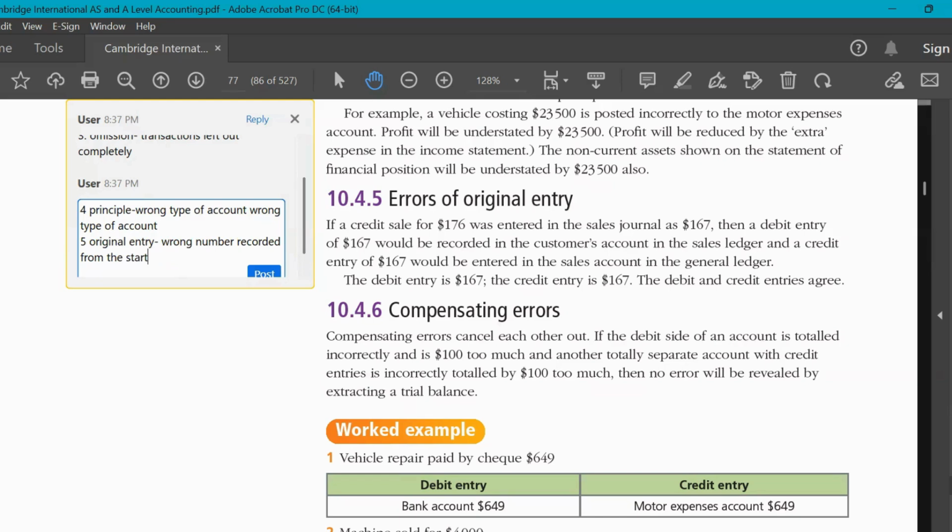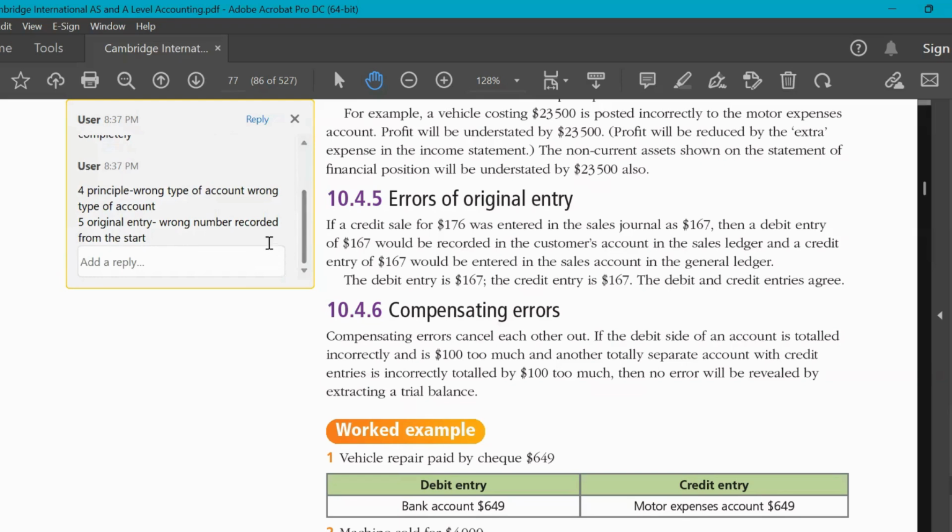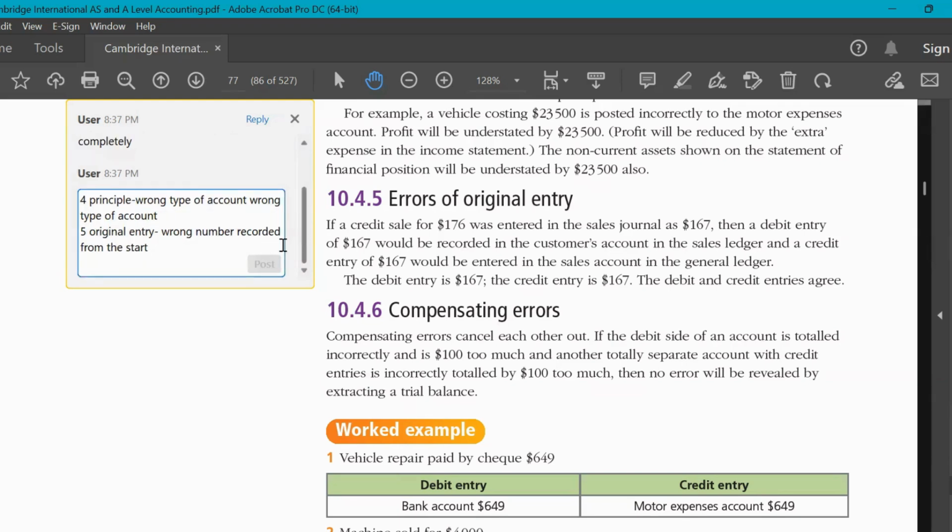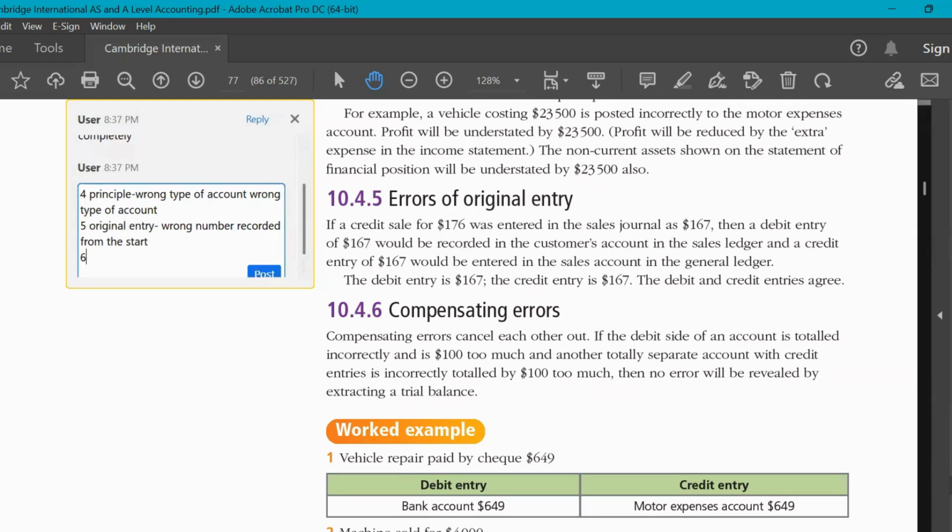And last but not the least, you also have the compensating errors. The last one will be the compensating errors. When we say compensating errors, they cancel each other out. Let's see, because the meaning is very vague here.